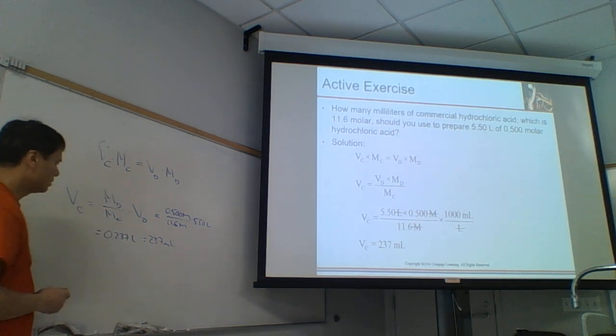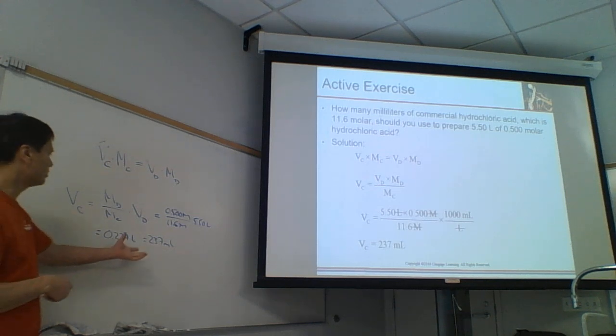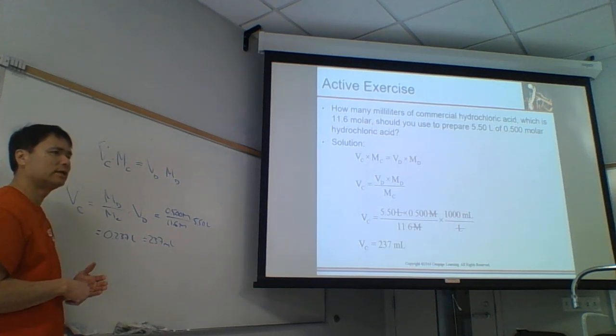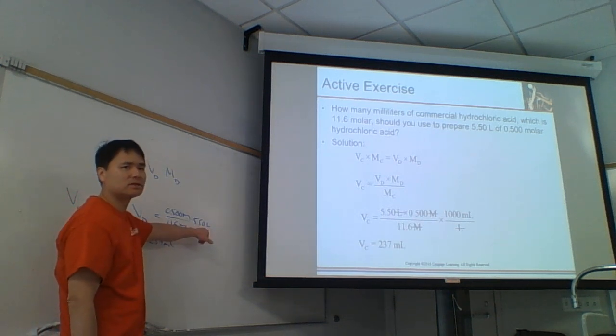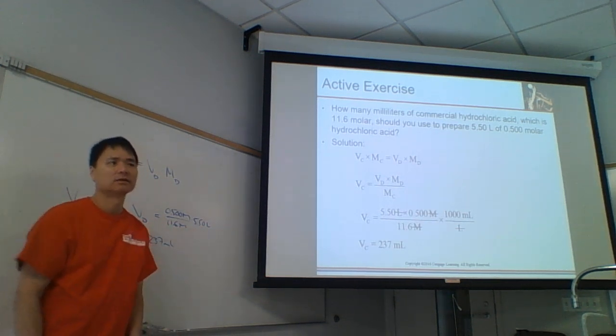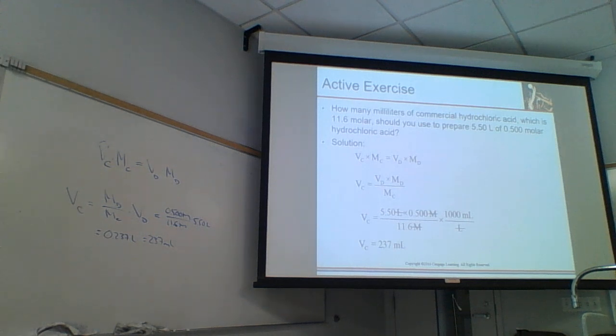And so in this particular example, we have to take 237 milliliters of concentrated and then add lots of water. We've got to add lots of water until the volume gets to 5.5 liters. So that's solution dilution. This is a very useful equation for lab.